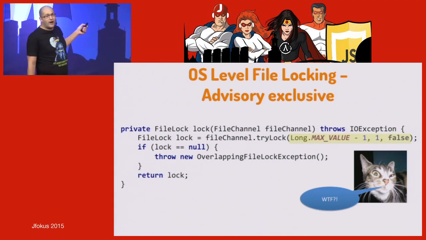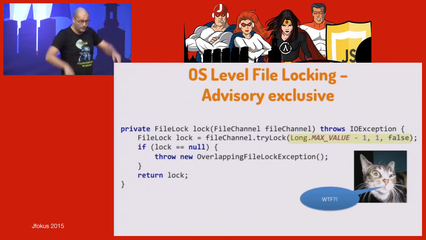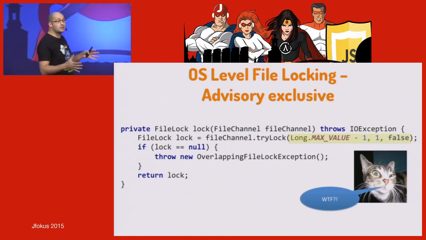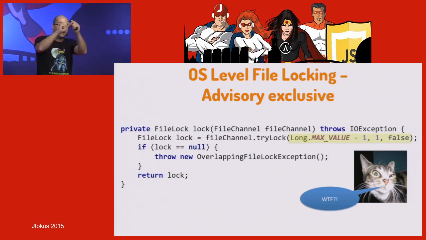We don't lock the file. We lock the last byte before the long max value in memory, which means somewhere, which actually means we don't lock anything, we just try to get the lock from two files on the same memory location.